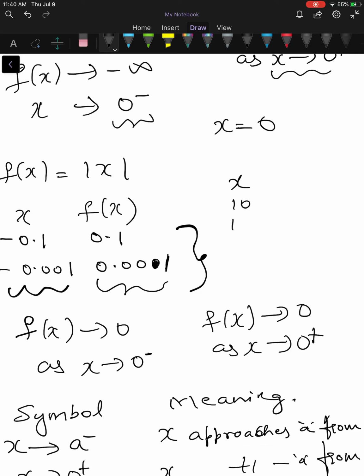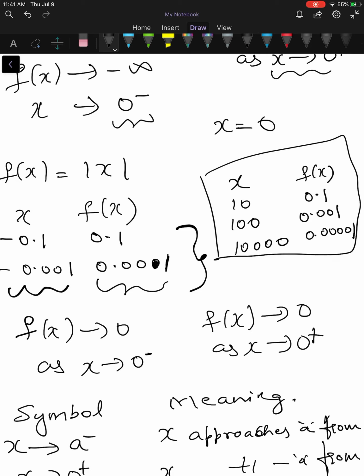Positive infinity would be when x takes these values, so f of x becomes 1 over 10 is 0.1, 1 over 100 is 0.01, and 1 over 1,000 is 0.001. The functional value is tending towards 0. So x is equal to 0 is the vertical asymptote, and y is equal to 0 is the horizontal asymptote, because as x tends towards positive infinity or negative infinity, f of x tends towards 0.